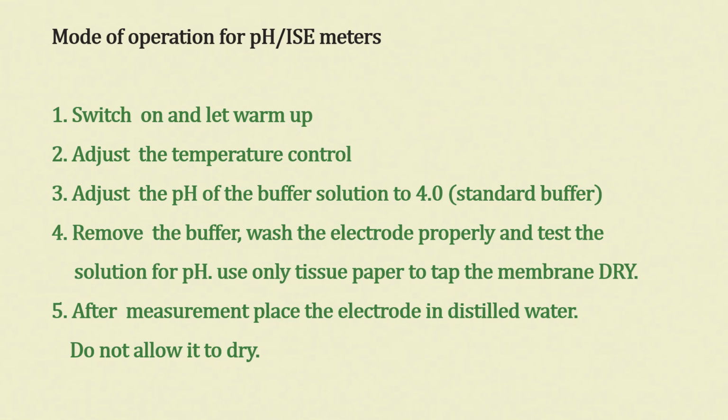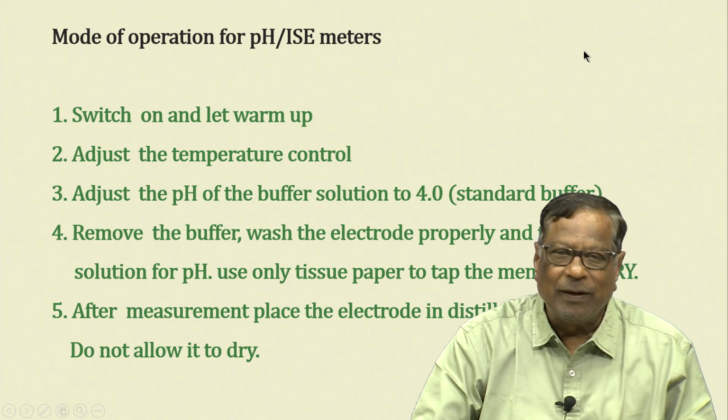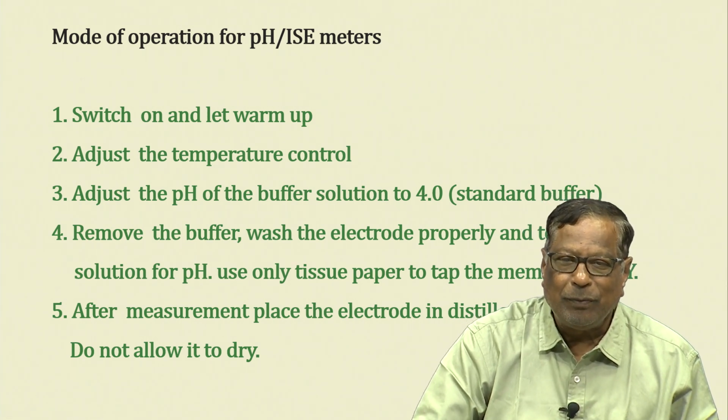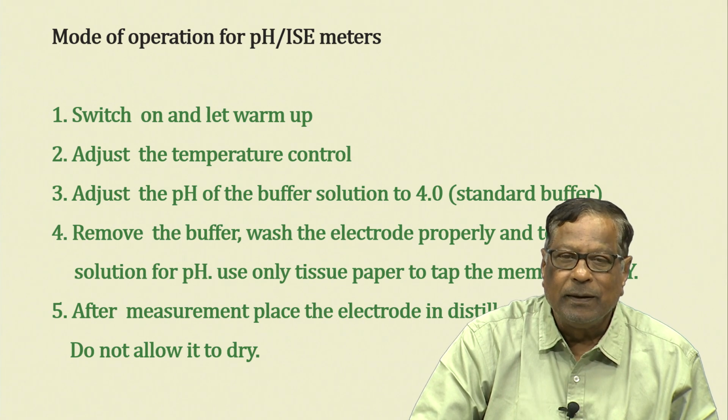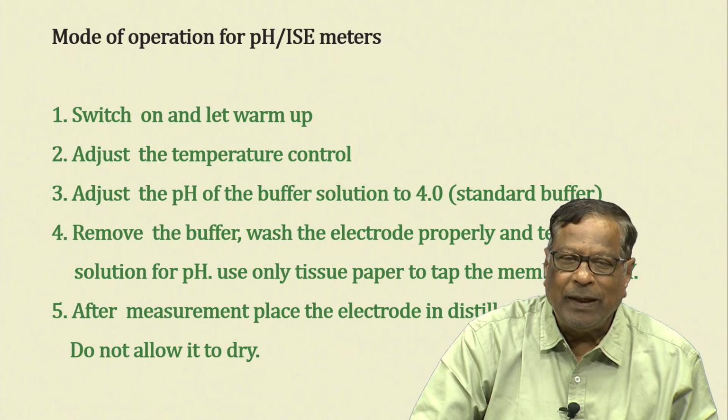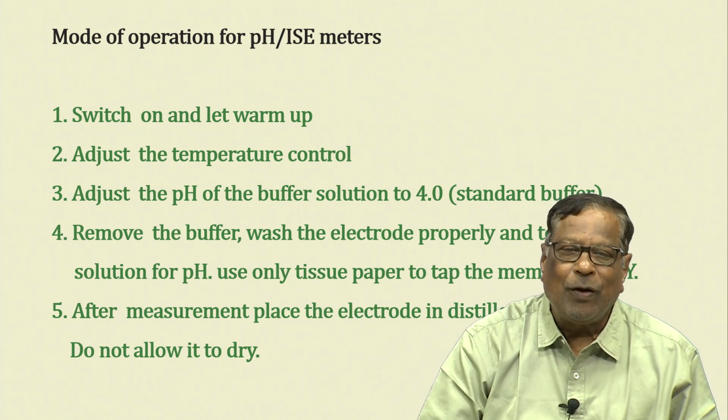Normally in 90% of the laboratories, what happens is we come to the laboratory, put the machine on, and the whole day it will be on as long as we are working. Only when we go home, we switch it off. It does not require a lot of current or any other care, except that the electrode must be in contact with the water all the time.